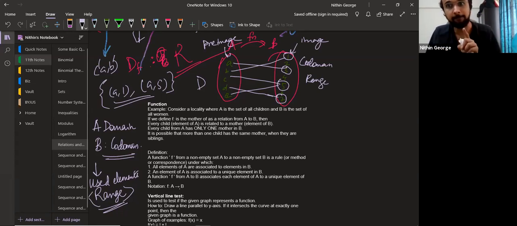Now, I told you one thing. This is a function, but before that, whatever I drew were not functions. Why? Every element in the domain should have an element in the codomain. You following? It should be mapped to an element in the codomain.